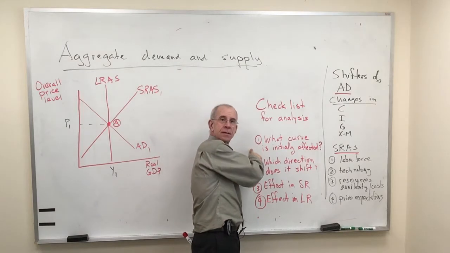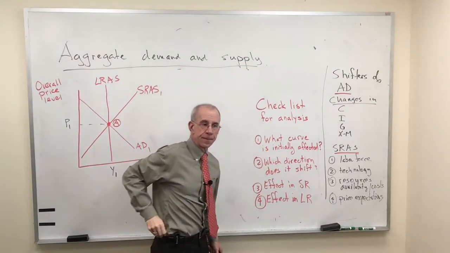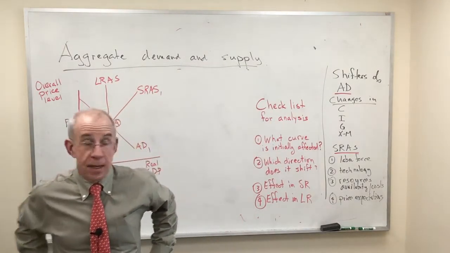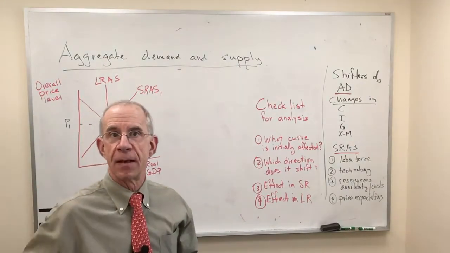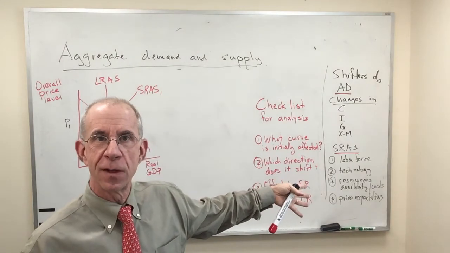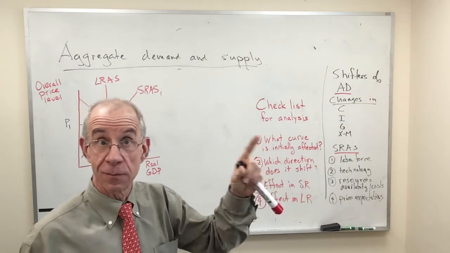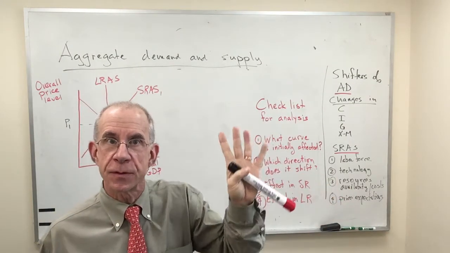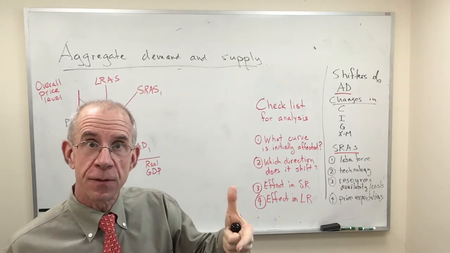First, we look at the specific scenario that we're trying to analyze, and what is typically going to be a shift of one of these curves. It's like, well, which curve is moving? Okay, that's the first thing. Have the initial effect.